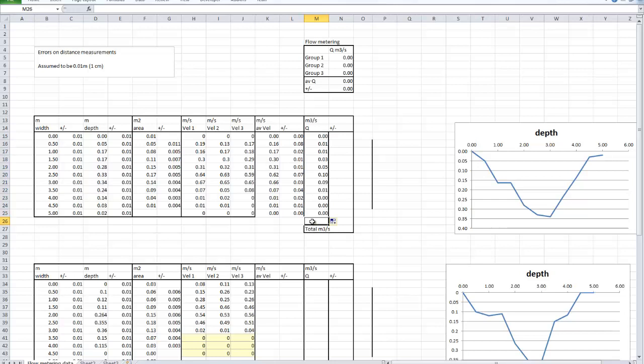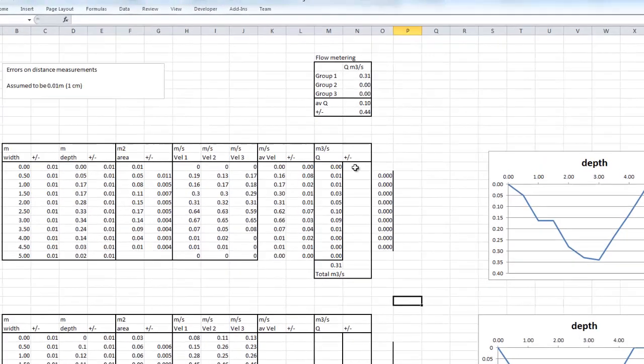The discharge across the whole stream is the sum of the discharges in each of these panels. So we just need the sum of these discharges. 0.31. Now we need to work out the error on each of these discharges.